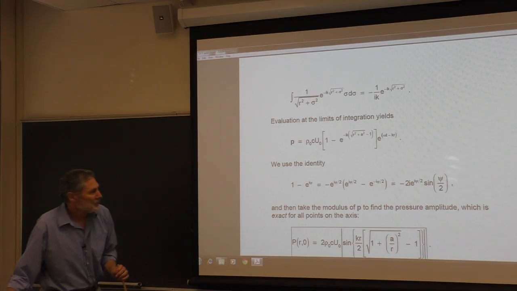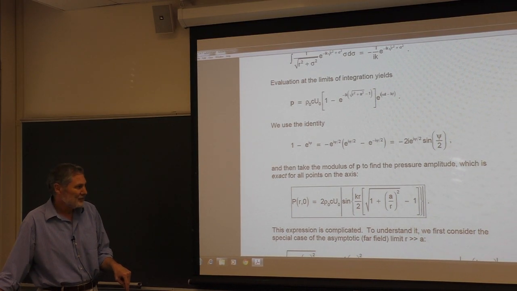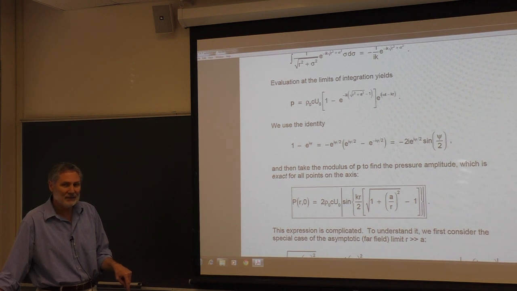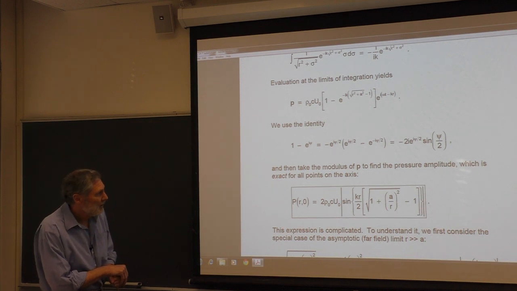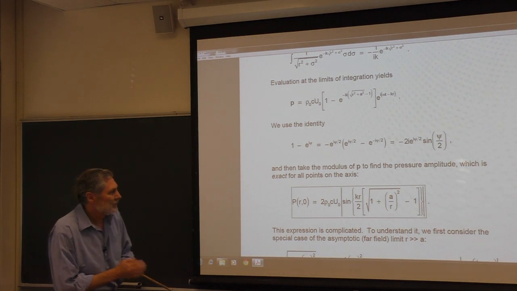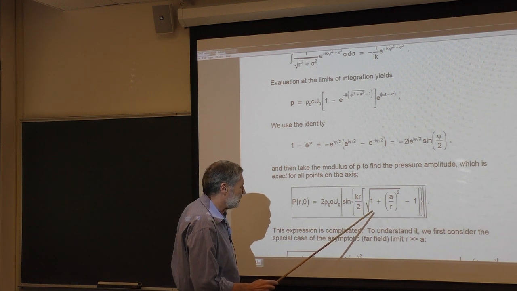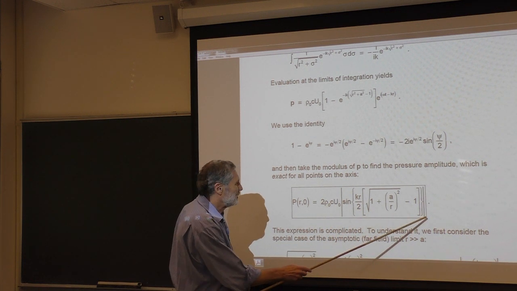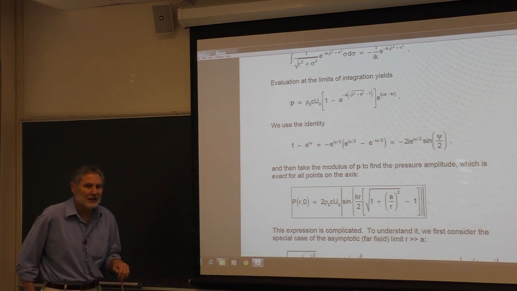So we get to this expression for the exact pressure amplitude on the z-axis. It's the exact axial pressure. It's not real simple. We're going to investigate it now. And there's a lot of brackets here, and I think I got it right. But that's what it is, and it's exact.